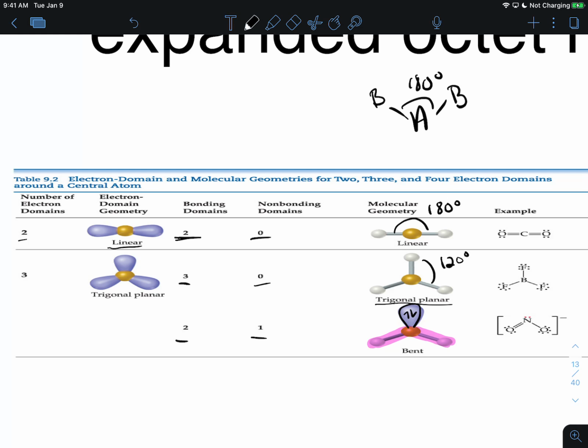So when we have one non-bonding domain in a trigonal planar geometry, we get a bent structure. Now, I'll talk about why in just a little bit, but non-bonding electrons repel more than bonding electrons. So this bond angle is actually going to be less than 120 degrees.